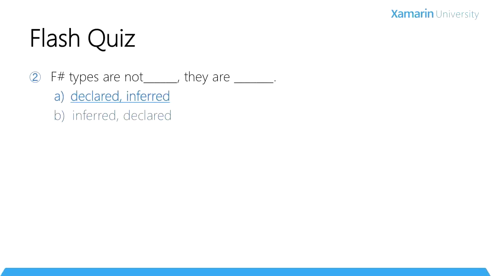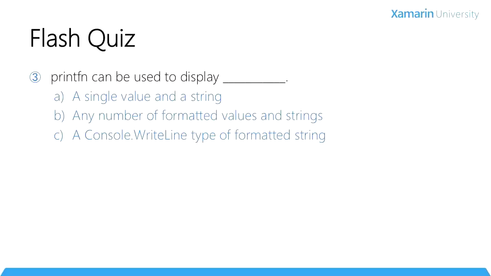And the answer is F# types are not declared, they're inferred. And question 3. Printfn can be used to display A, a single value in a string, B, any number of formatted values in strings, or C, a console write line type of formatted string.